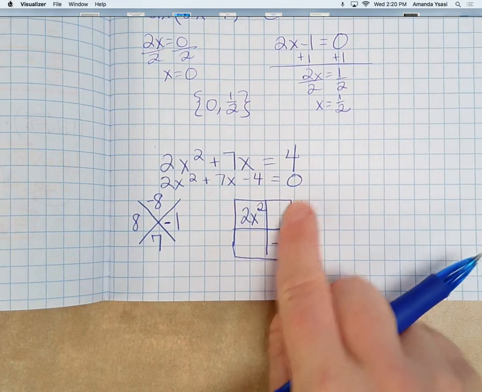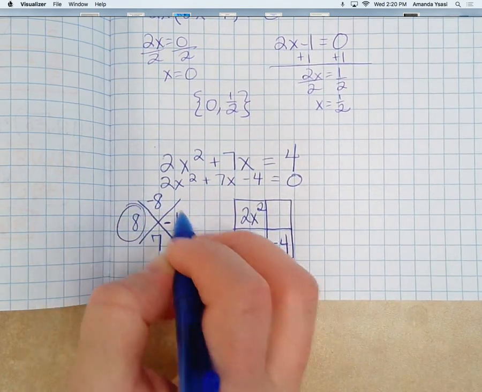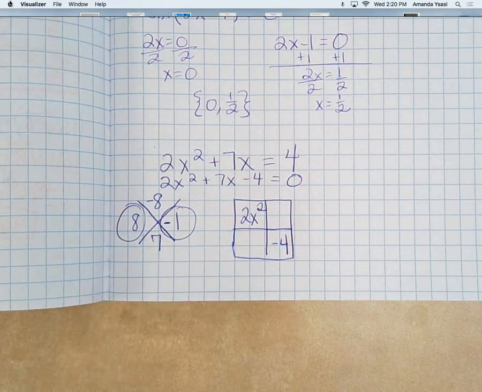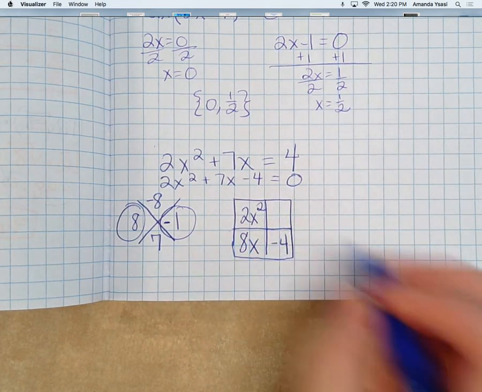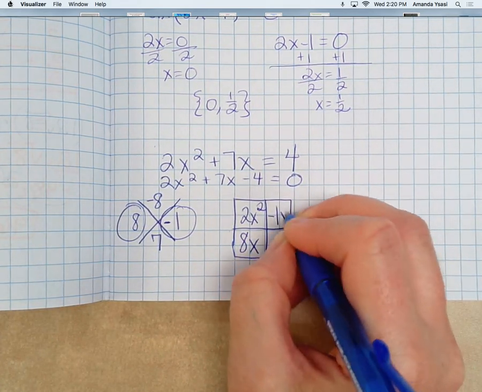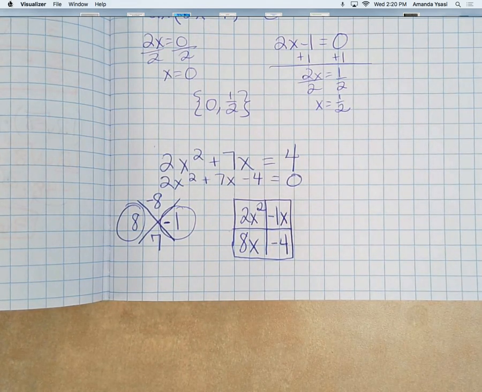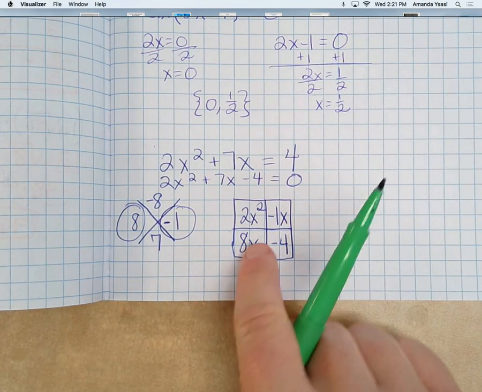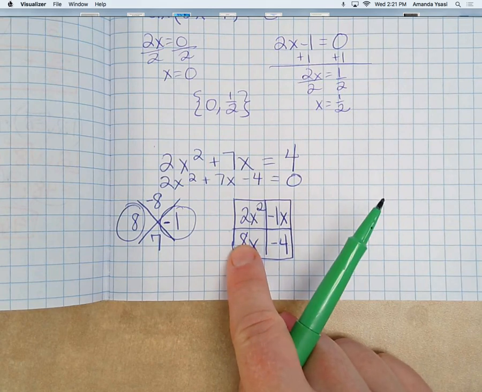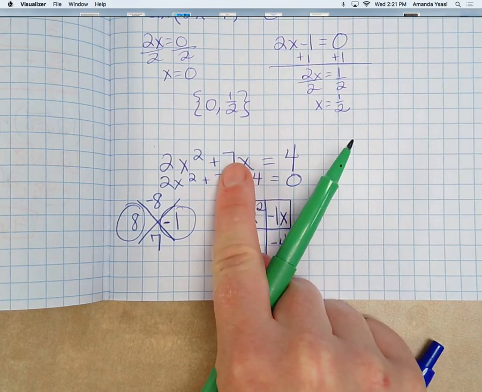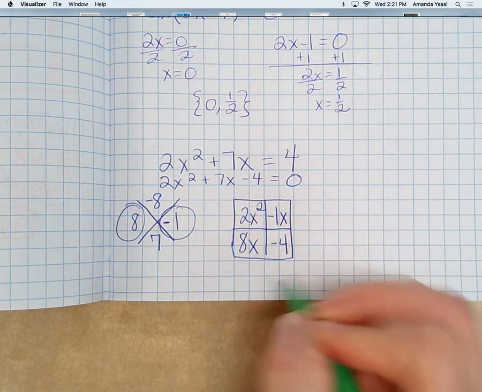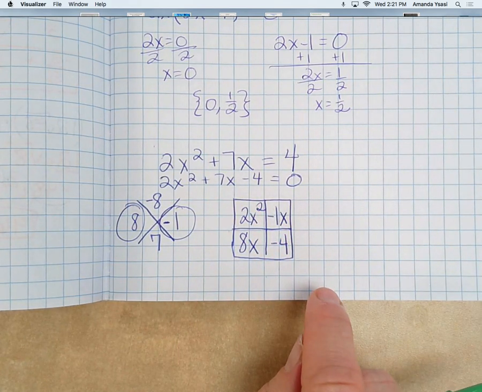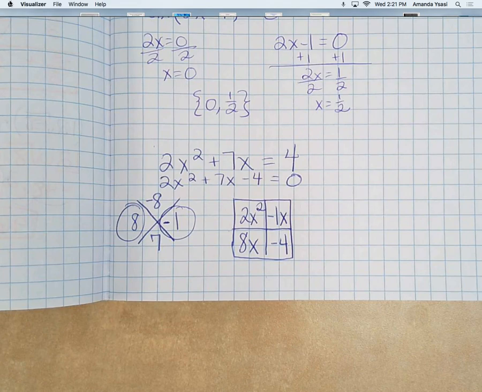And then these two terms come from here. So one of them's 8x, and the other one's negative 1x. Because if we add these together, 8x minus 1x, we get 7x, and that's our middle term. That's what we want. So now we just factor the rows and columns to get our two factors.